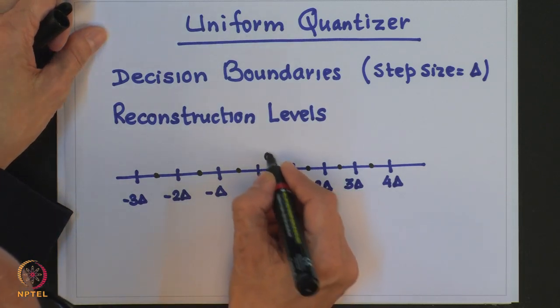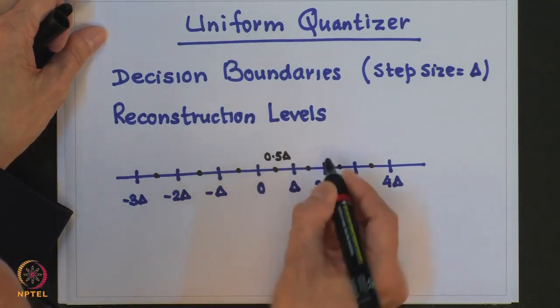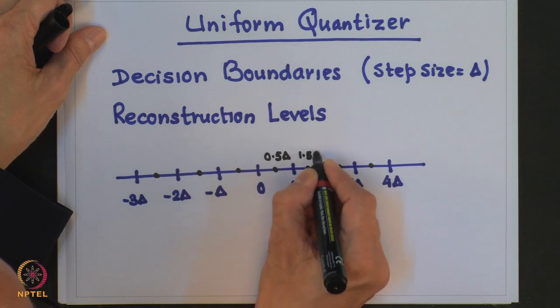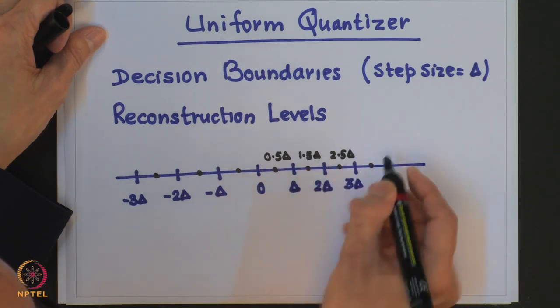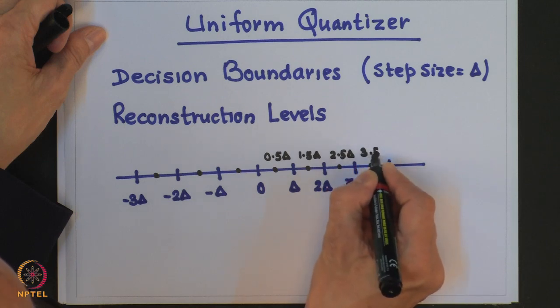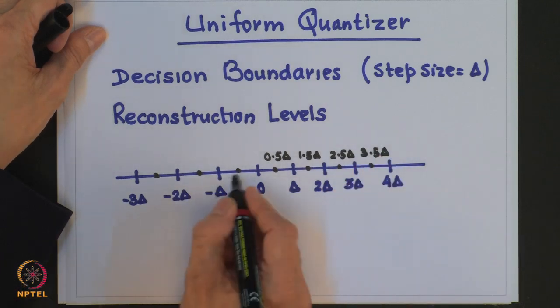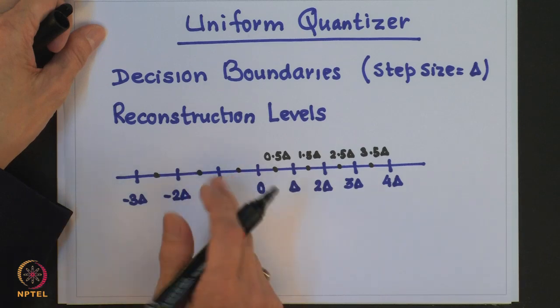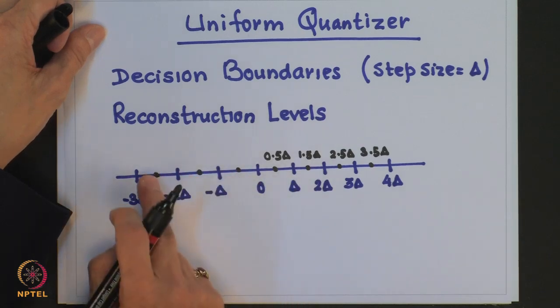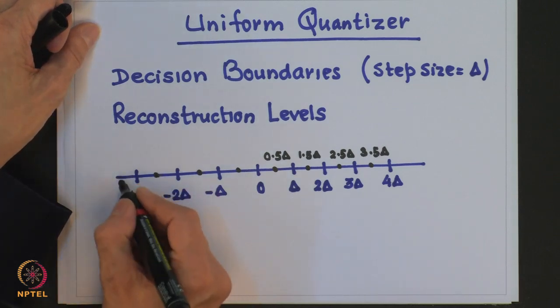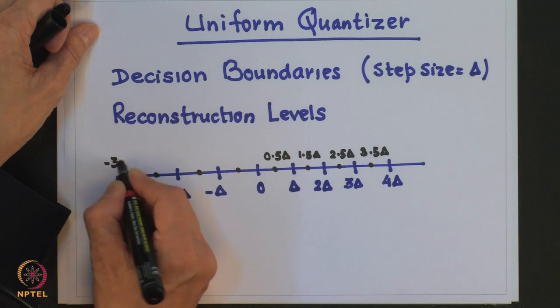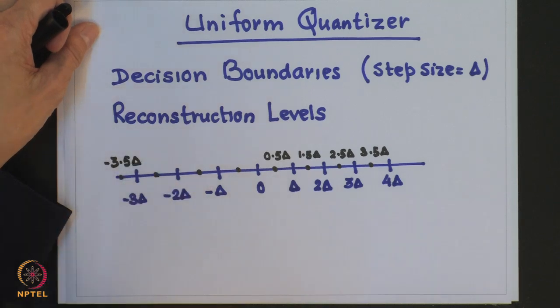So, this will be 0.5 delta, 1.5 delta, 2.5 delta, 3.5 delta. Similarly you can write here also minus 0.5 delta, minus 1.5 delta, minus 2.5 delta, and so on, and here we can indicate minus 3.5 delta.